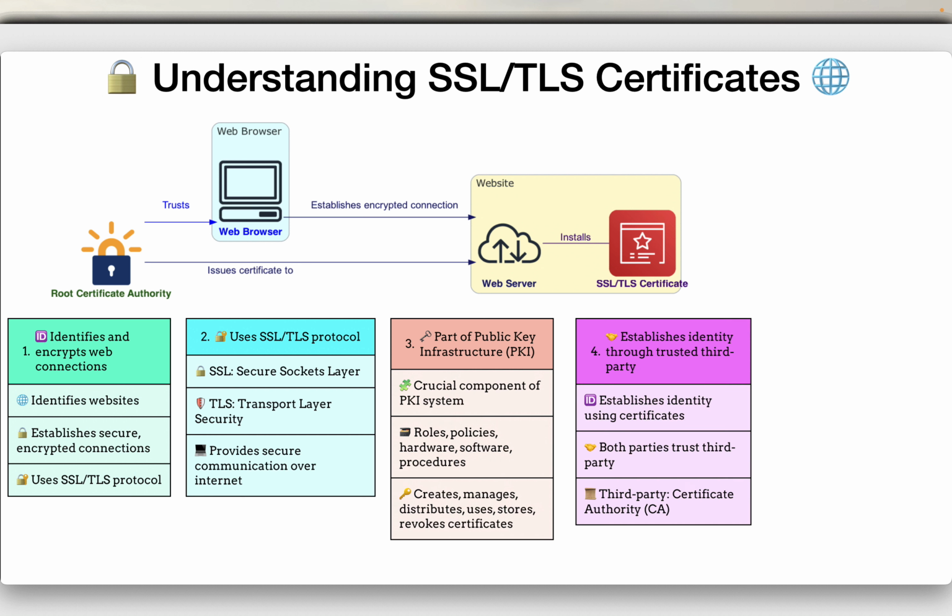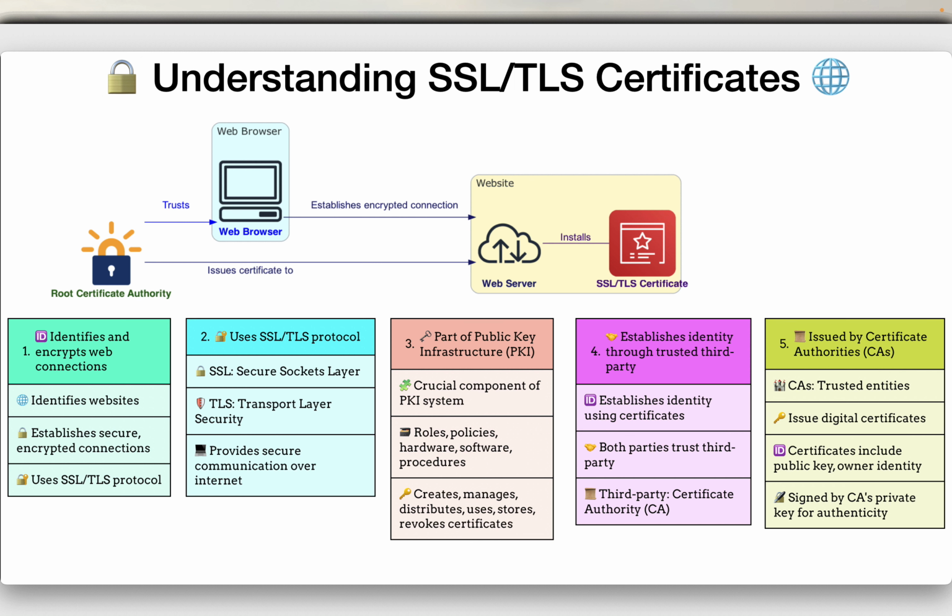PKI enables one party to establish the identity of another party using certificates, provided that both parties trust a third party known as certificate authority. CAs are trusted entities that issue digital certificates, which include the public key and the identity of the owner, and are signed by the certificate authority's private key to ensure authenticity.